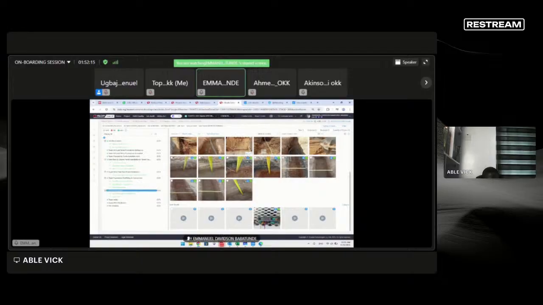So after the earthing, we move to the tower erection.